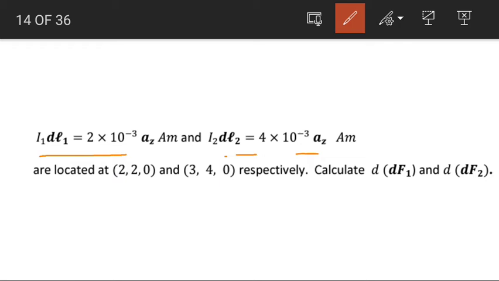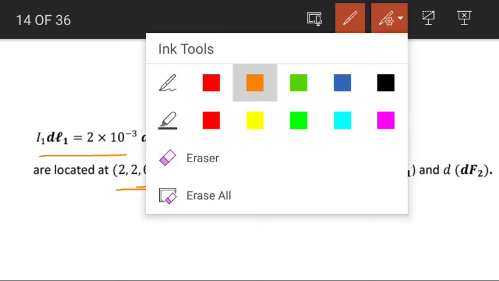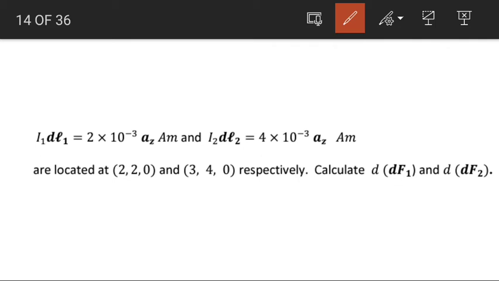They are located at 2, 2, 0 and 3, 4, 0 respectively. Calculate the differential force on the first current element and the differential force on the second current element.